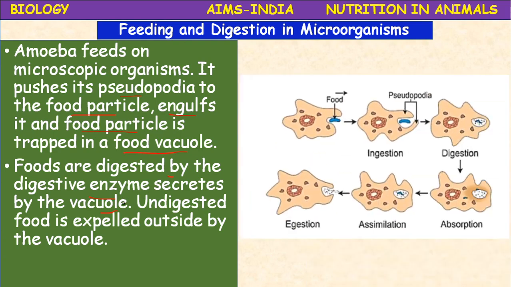See here, this is amoeba. First, what it will do, it is a unicellular microscopic organism. It surrounds the food material with the help of pseudopodia. This is the prey. Then it extends its pseudopodia and covers that food material. Finally, the body wall or plasma lemma, the outer body wall, surrounds this food material and forms a food vacuole over it.